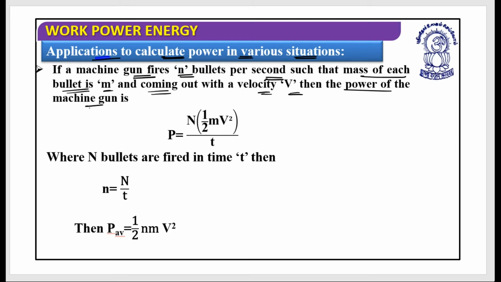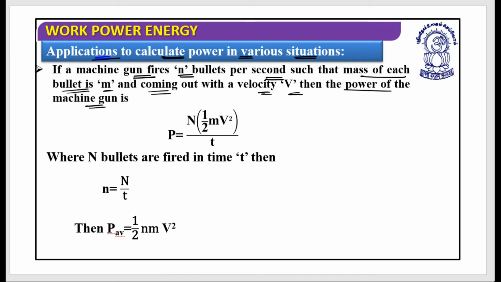Then what is the power of the machine gun? Have you remembered this relation? This was the relation we used when dealing with situations in laws of motion, where we calculated the recoil force and all that. So this has been derived from that.